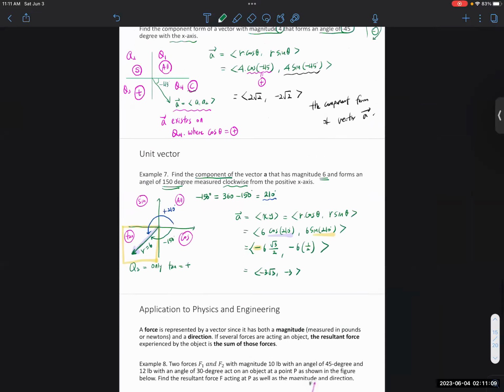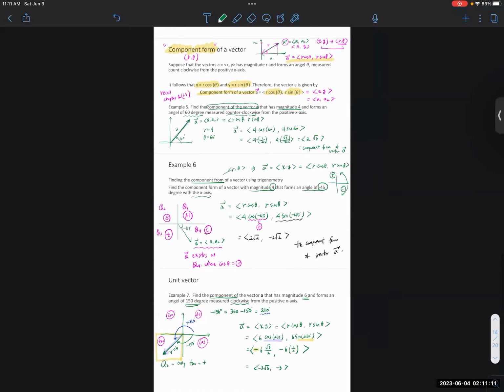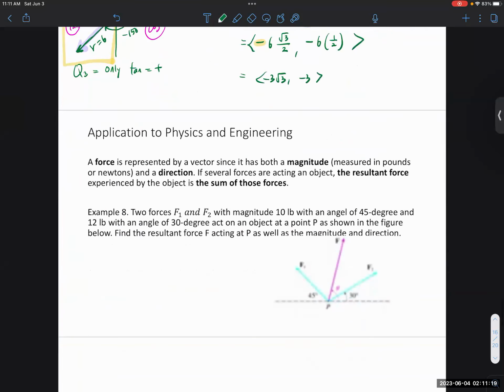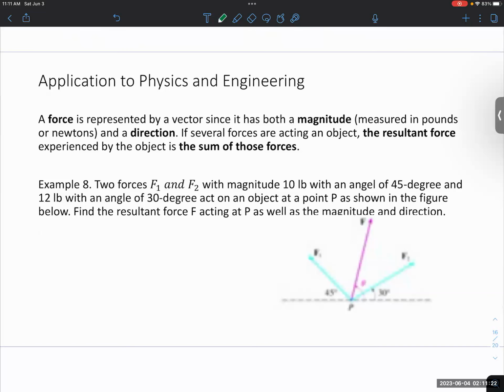So I showed you 3 different examples in terms of the component form. Just keep that in mind. Finally, yes, we're getting better. I'm going to do a couple of application problems where you're going to see vectors in a physics or engineering major.